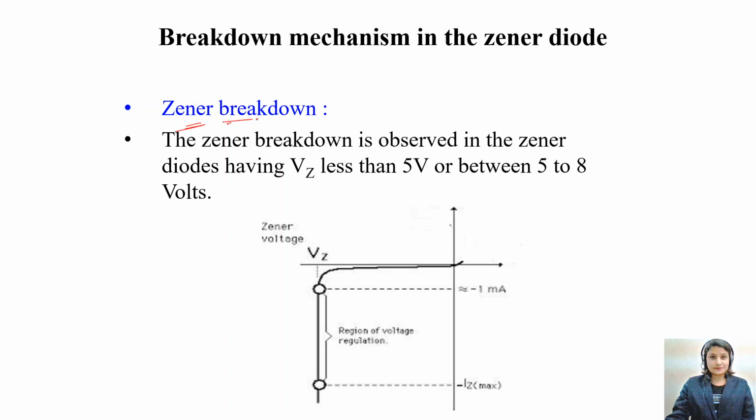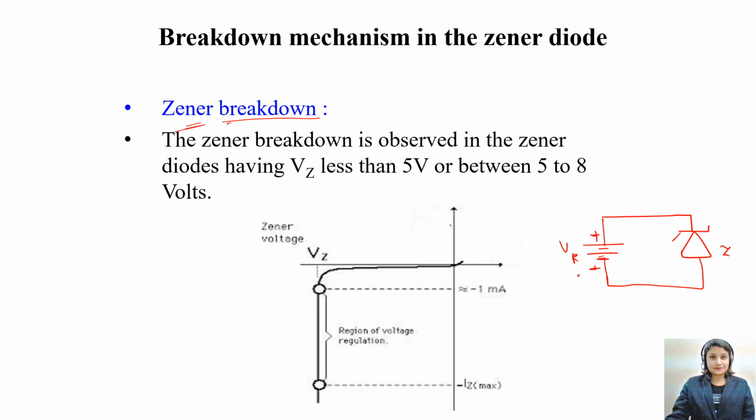what do you mean by Zener breakdown? When we are applying the negative voltage, or when we are applying the reverse voltage, here is my Zener, we are applying here the reverse voltage, right?